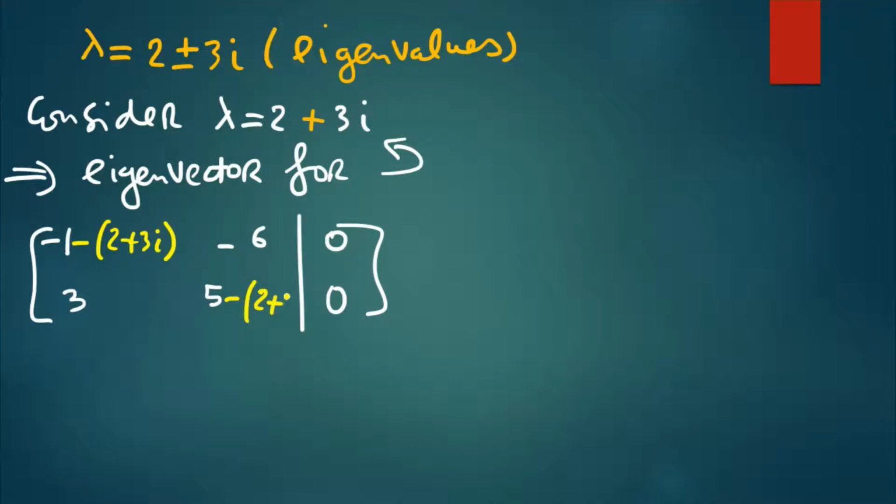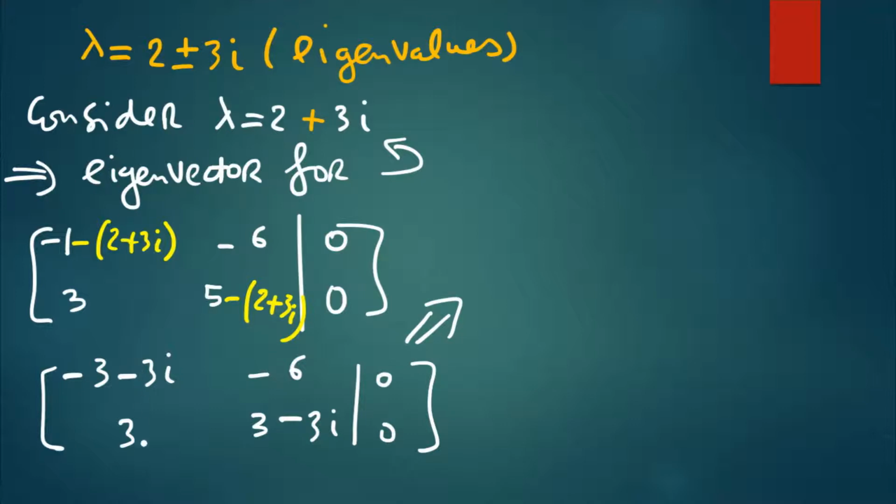Here lambda is 2 plus 3i. -1 minus 2 is -3. Minus plus 3i is -3i. And this is 3, this is -6. 5 minus 2 is 3, and minus plus 3i is -3i.